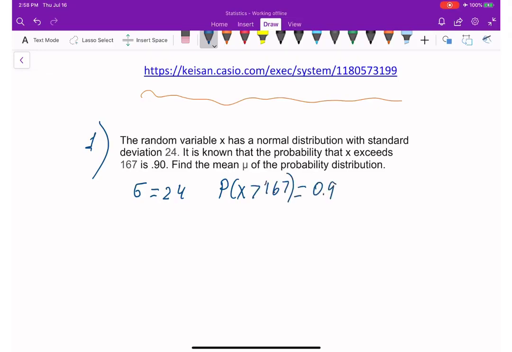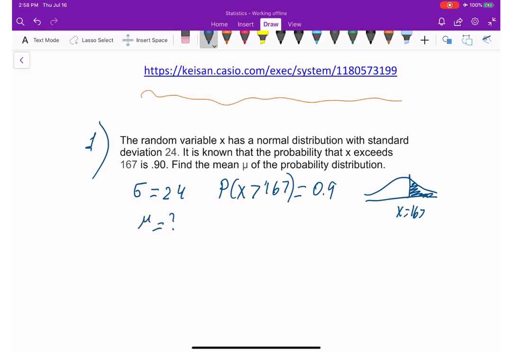So on the graph, it's going to look like this. Assuming this is our average, x is 167, exceeding 167, which is going to be the right tail, right? So we need to find the average.